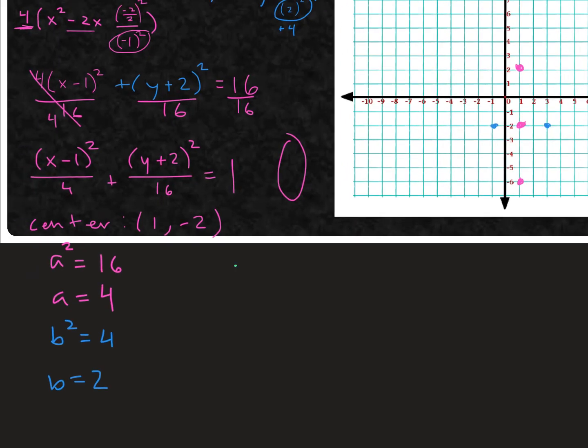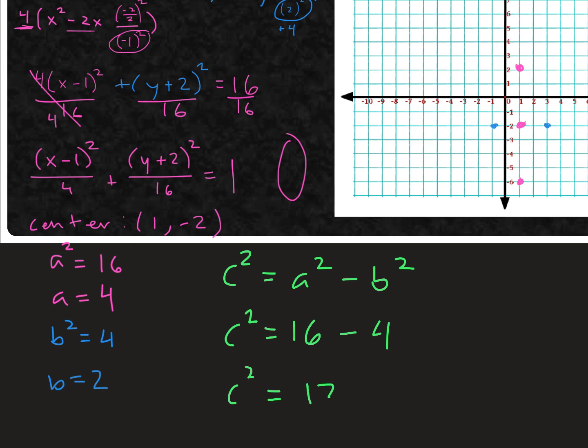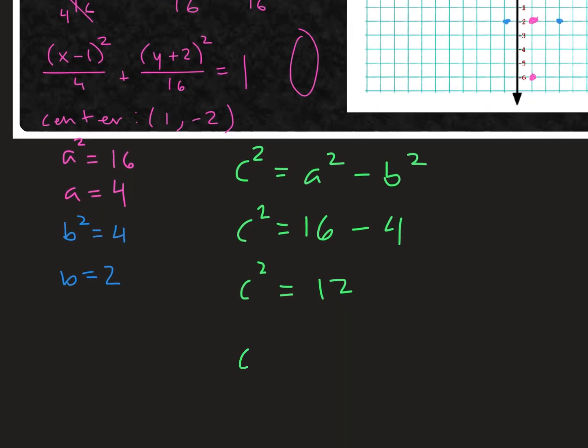And then last thing we need to do is find our foci. So we have c squared is equal to a squared minus b squared. C squared is equal to our a squared, which is 16, minus our b squared, which is 4. So c squared is equal to 12. C is equal to square root of 12, which would be 2 square root 3.